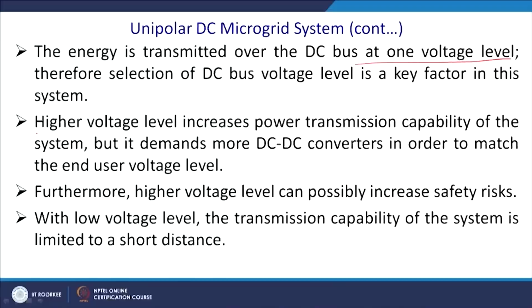For this reason, when you are sending a big amount of power, voltage also is required to be high. So a higher voltage level increases the power transmission capability of the system.